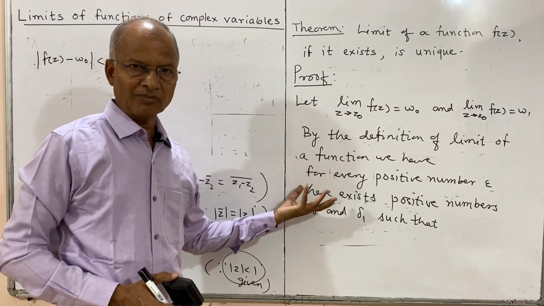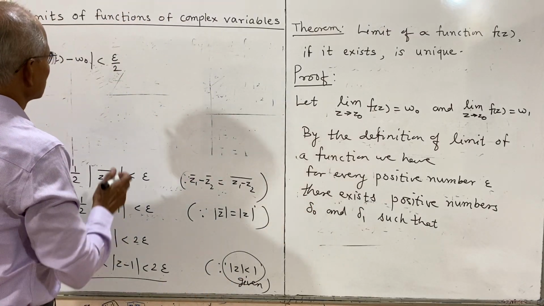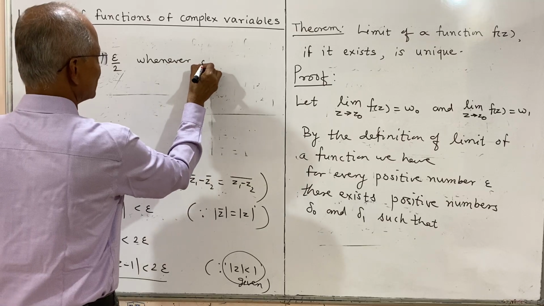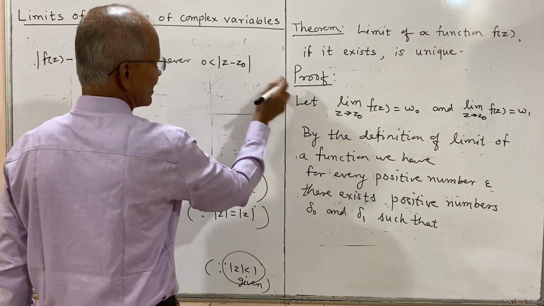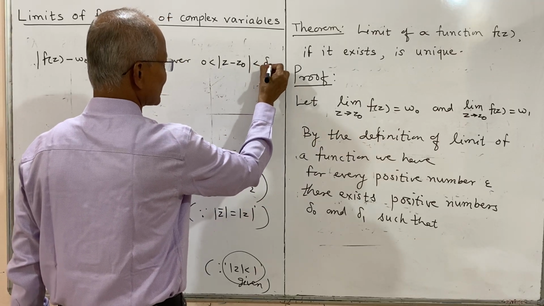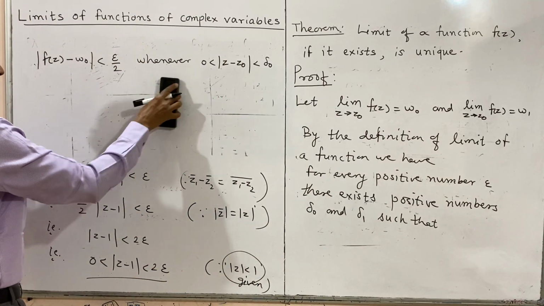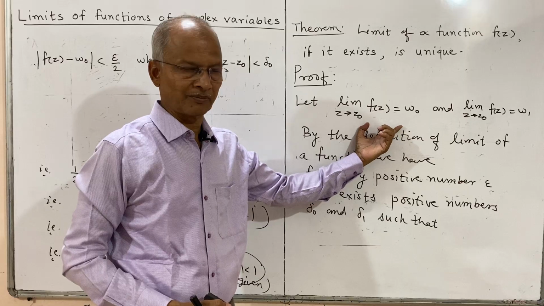So epsilon can be replaced by any positive number whenever 0 is less than mod z minus z naught is less than delta naught. See, z approaches z naught, and this neighborhood we shall consider as delta naught, and this is for the application of the definition for the first limit.